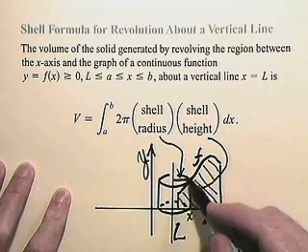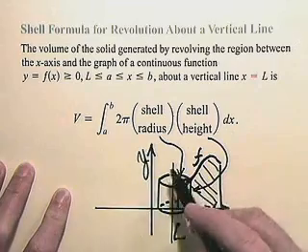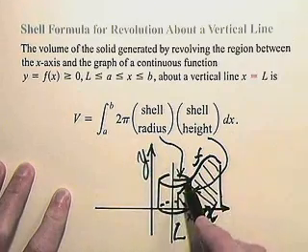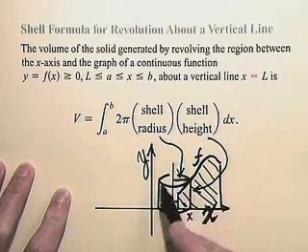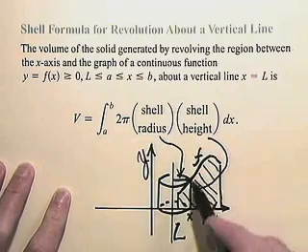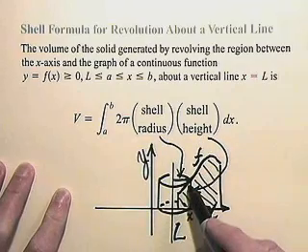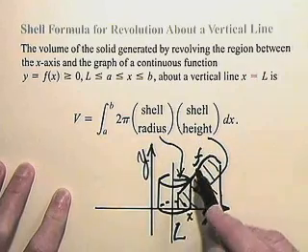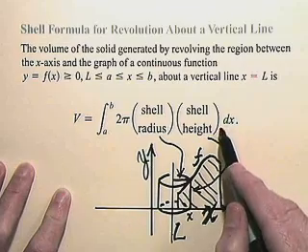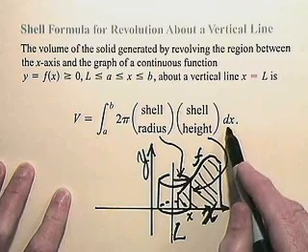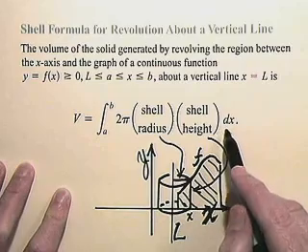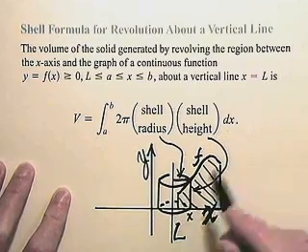Well, it would be the surface area of the shell, which is 2 pi times the shell radius, giving the circumference of the top, multiplied by the shell height. That would give the area of the shell. And if I multiply by a little tiny thickness dx, then that product is a little bit of volume, which we can think of as dV.